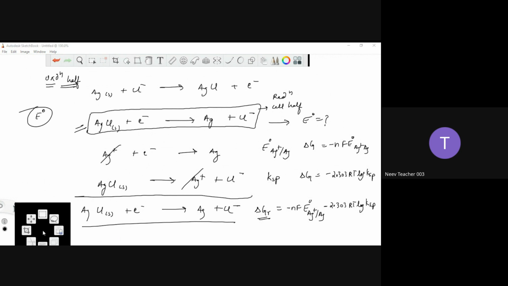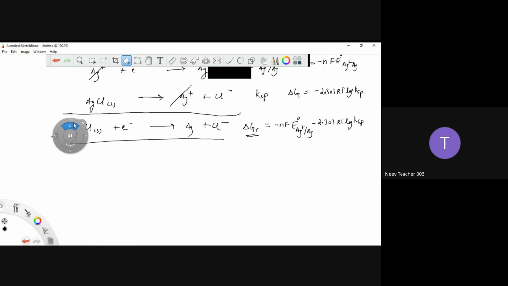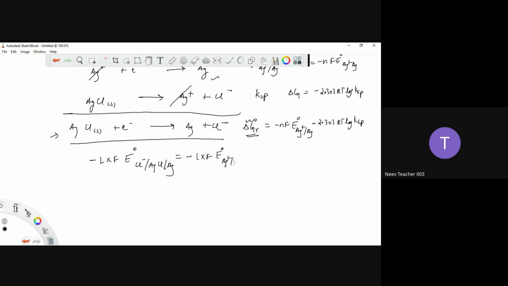Now just simplify it. What are we finding? We are finding E naught of this. So basically I write minus 1 into F into E naught of Cl minus AgCl Ag, because it's a reduction half cell. Then minus, in the first equation, one electron again, F E naught of Ag plus to Ag, minus 2.303 RT log Ksp.